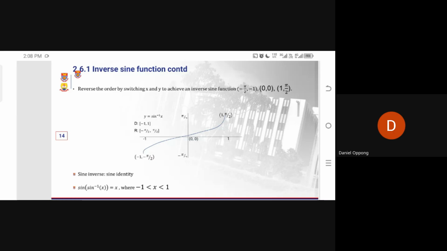Are we seeing it? It is like the previous one, where we said f of f inverse of x should give us x. It is the same application here. Nothing is changing, except that this time we are looking at circular functions.